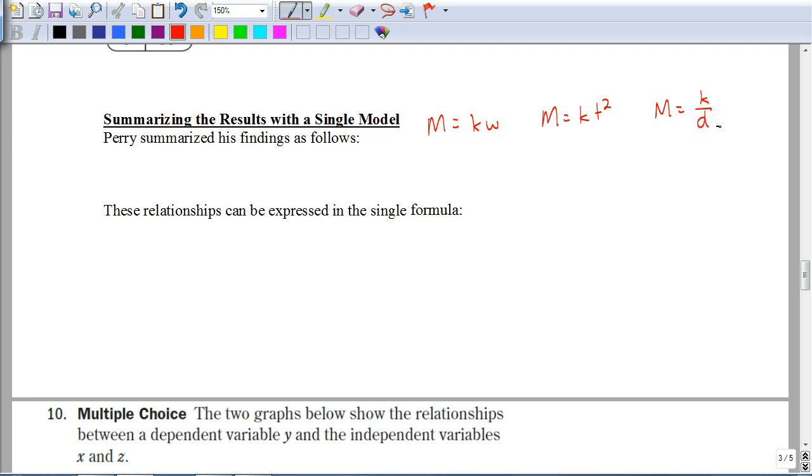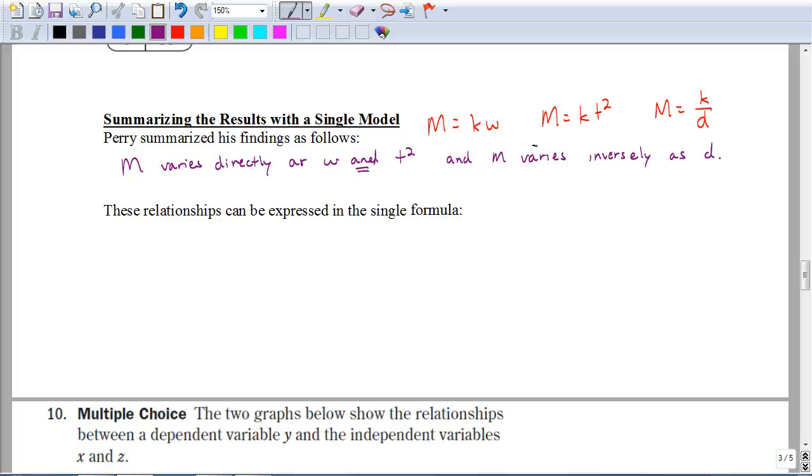So to summarize this, we would say that m varies directly as w and t squared, and m varies inversely as d. So basically what we're doing is combining each of these situations all into one sentence.